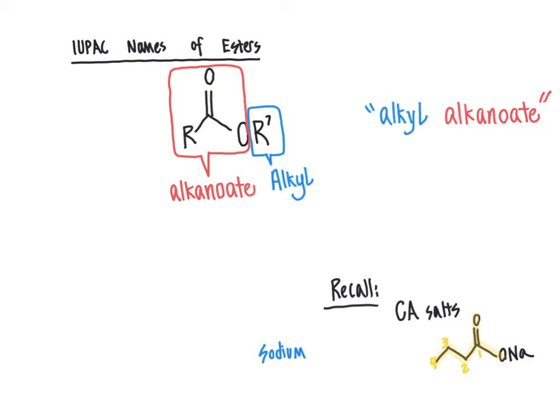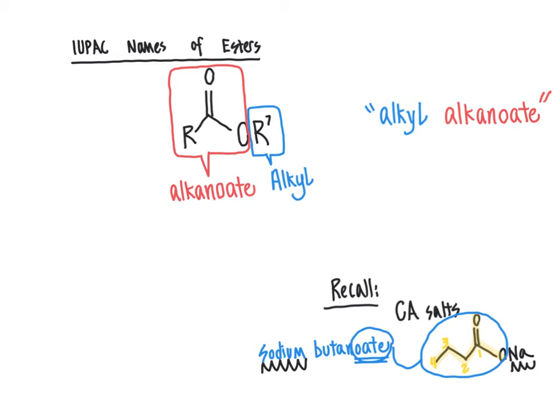So this was sodium butanoate because it was a 4 carbon chain here with the oate at the end. So that oate generically is going to be referring to having the carbonyl group, the oxygen, and the alkyl group that's bonded to it. And then at the prefix of the name, that was where we indicated sodium to tell us that there was a sodium bonded to that butanoate group.